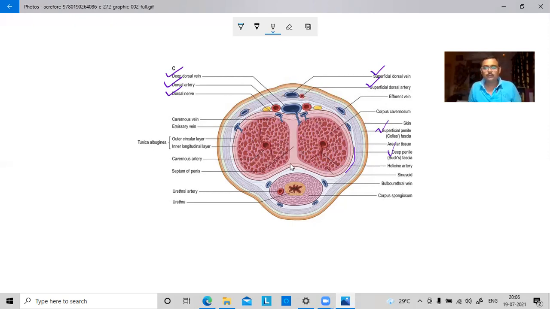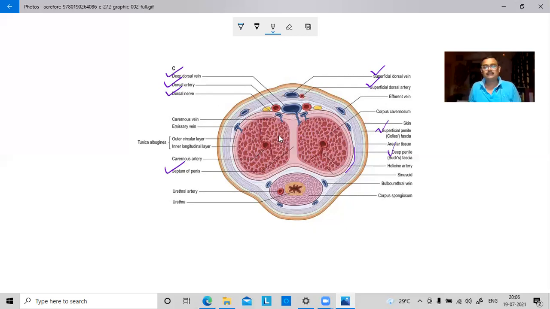From the posterior aspect of the deep fascia, there is a midline septum, called the septum of the penis, also called the septum pectiniforme. This septum is complete on the dorsal aspect but incomplete on the anterior aspect. The deep fascia also extends within the corpora cavernosa, forming the cavernous spaces.